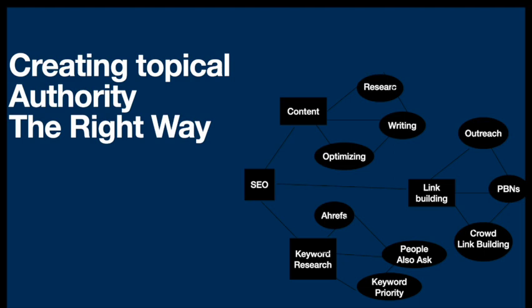This is based on the topic, which is SEO. You don't have to do keyword research for the term SEO, and you don't have to do keyword research when writing about the topic of SEO. You can do keyword research to optimize your content for the topic keyword SEO.